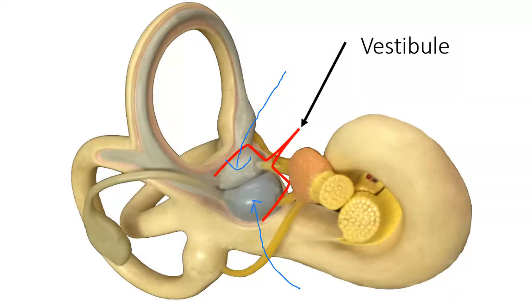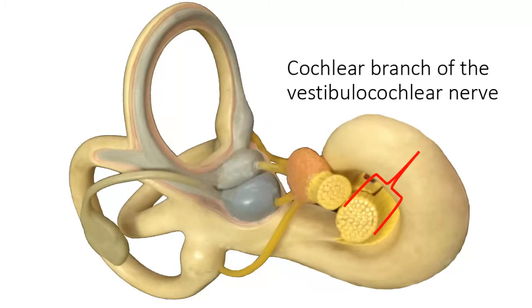And then we can't forget about the cranial nerve that travels to this area. Cranial nerve number 8, the vestibular cochlear nerve. It branches off. The first branch that goes right to the cochlea is called the cochlear branch of the vestibular cochlear nerve. That's a lot. So if you want to write out cochlear branch of CN, cranial nerve 8, you can do that.